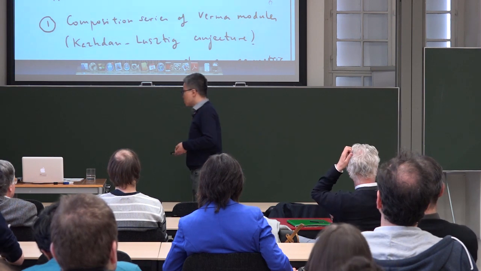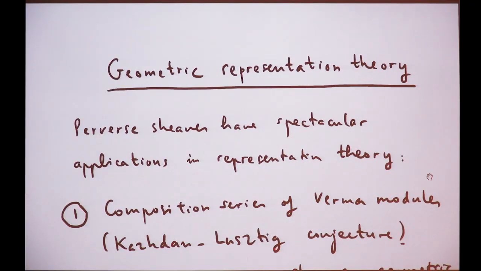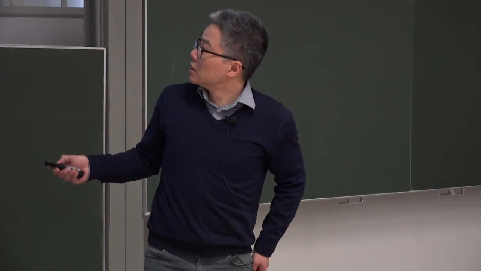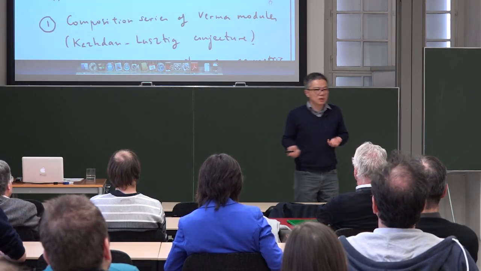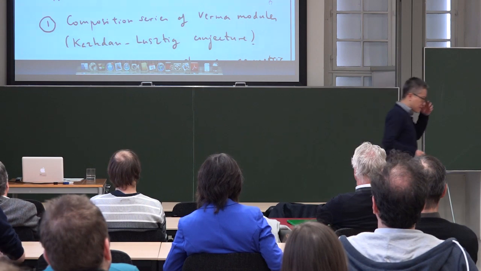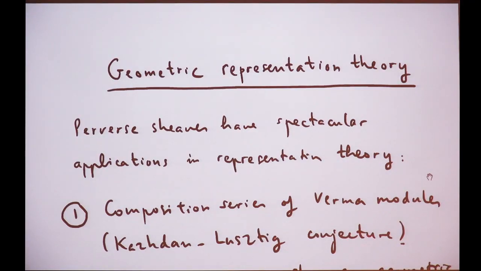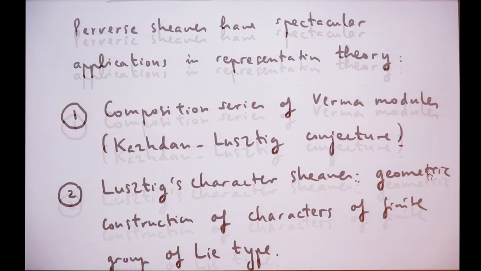What are the composition series? Kazhdan and Lusztig came up with conjectures giving them in terms of invariants coming from some stalks of perverse sheaves. That was the first spectacular conjecture of how topology can explain some algebraic phenomena. It was proven within a couple of years by Kashiwara, Brylinski, Beilinson, Bernstein, and so on. So this was one of the first spectacular applications.